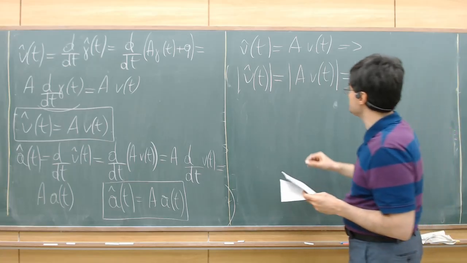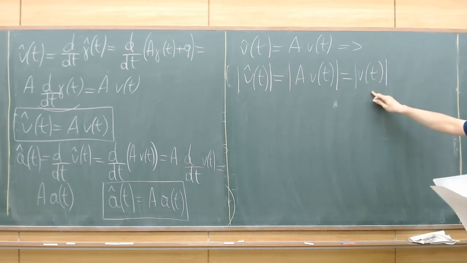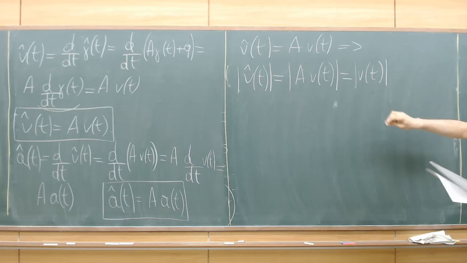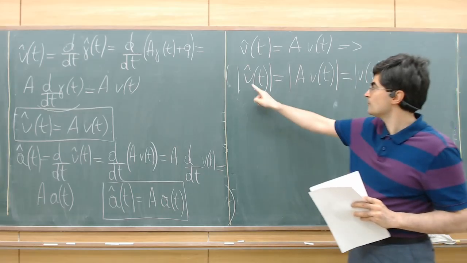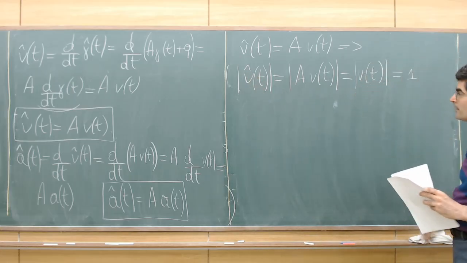So if the curve is parameterized by arc length, then this is equal to 1, and also v hat will be equal to 1.